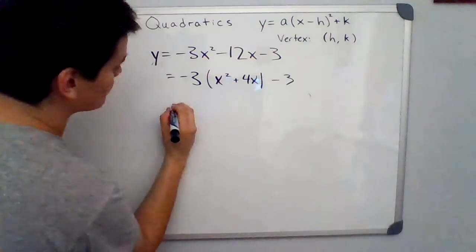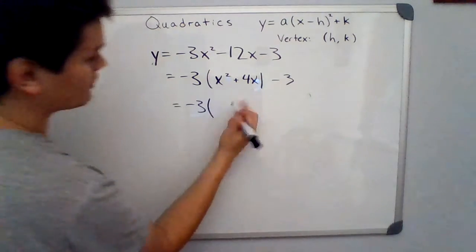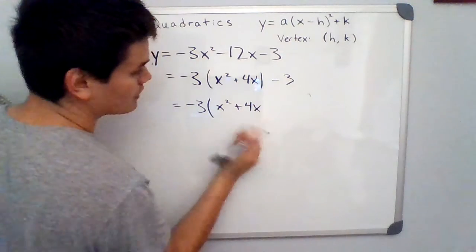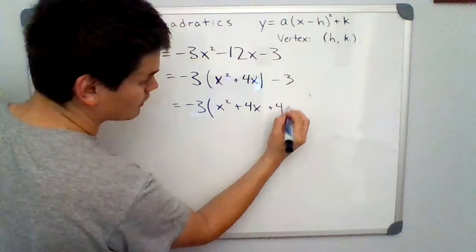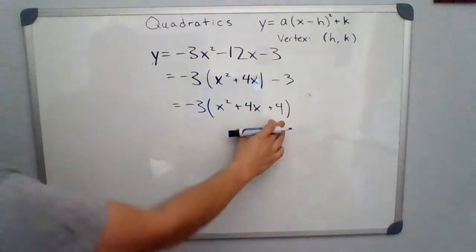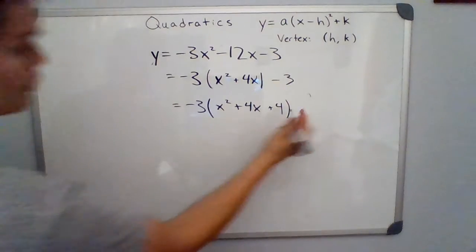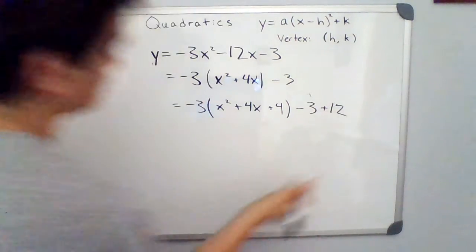I'm going to complete the square on the inside of the parentheses here. So I need x squared plus 4x, and 4 divided by 2 squared is going to be 4. And if I'm adding 4 here, it's like I'm subtracting 12 total, so I need to add 12. So I have plus 3, and I'm going to have to add 12 to that.